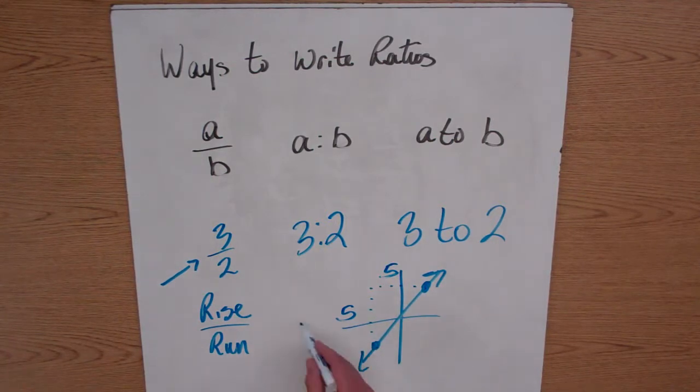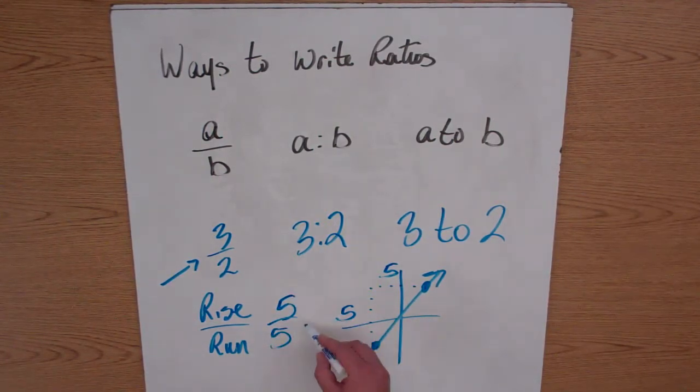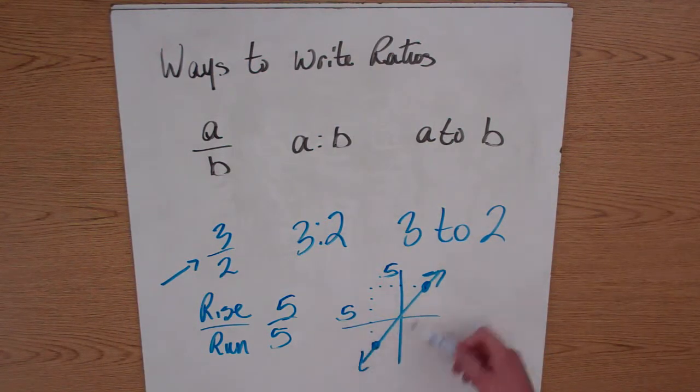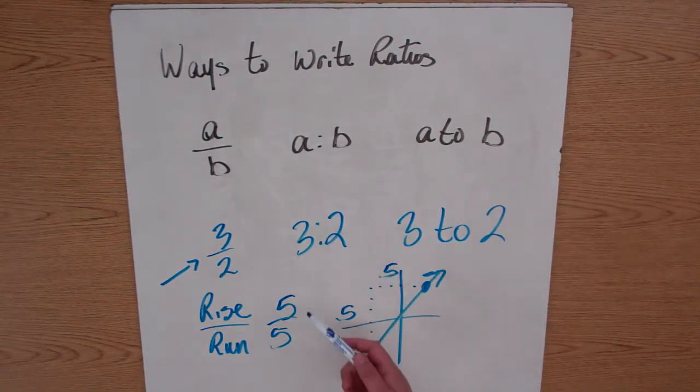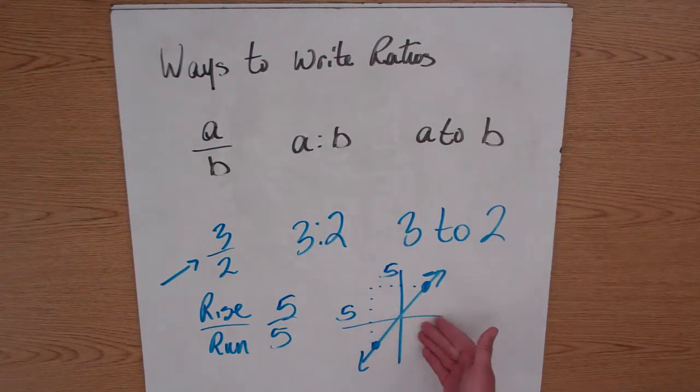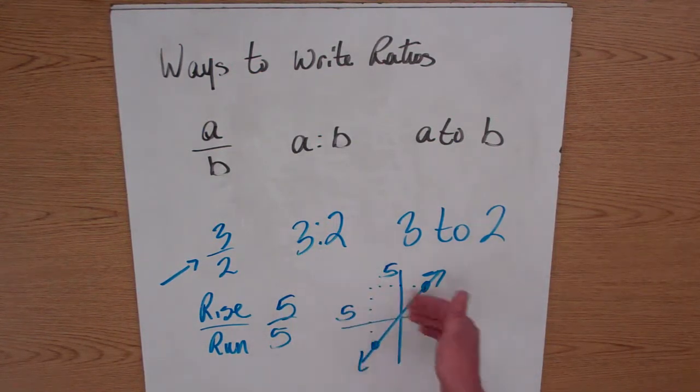So the ratio of the rise to run is 5 to 5, and of course that does reduce down to 1. But, like I said, you've already been dealing with ratios because slope is simply the ratio of rise to run.